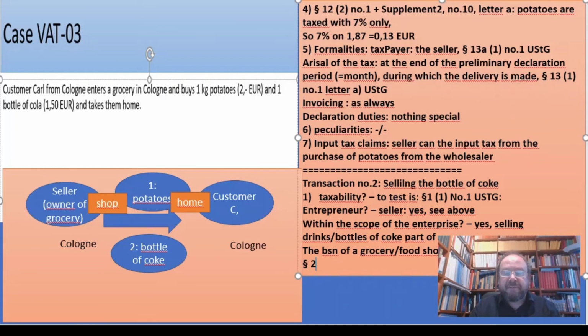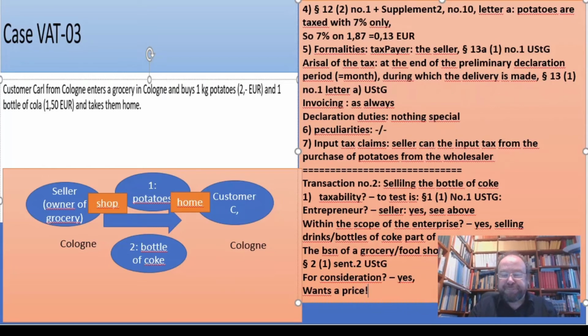So paragraph 2, 1, sentence 2 applies, is fulfilled. For consideration, yes, on the price. That's it.